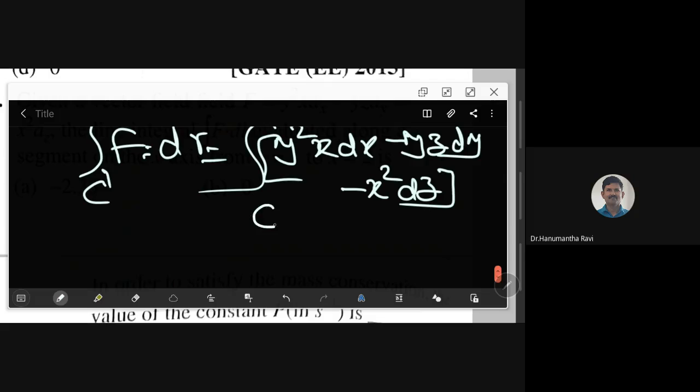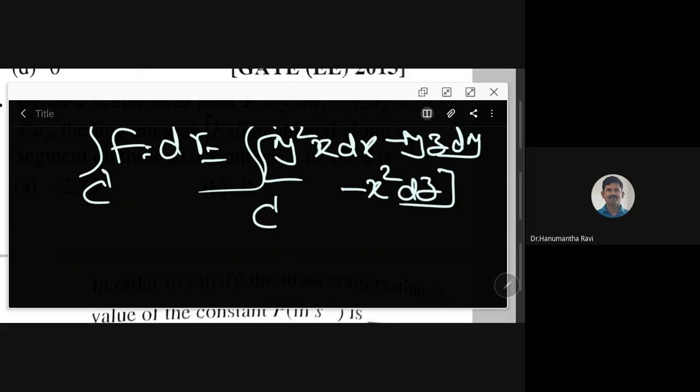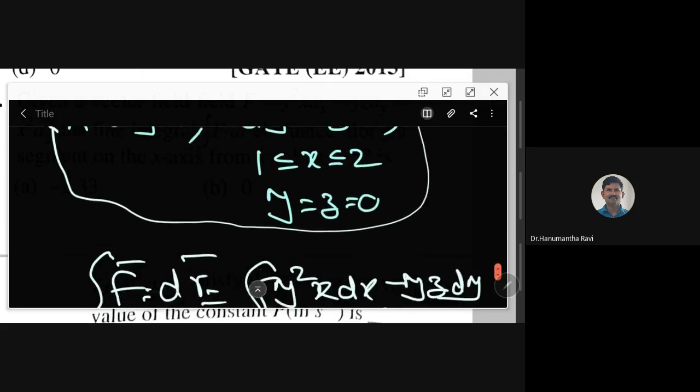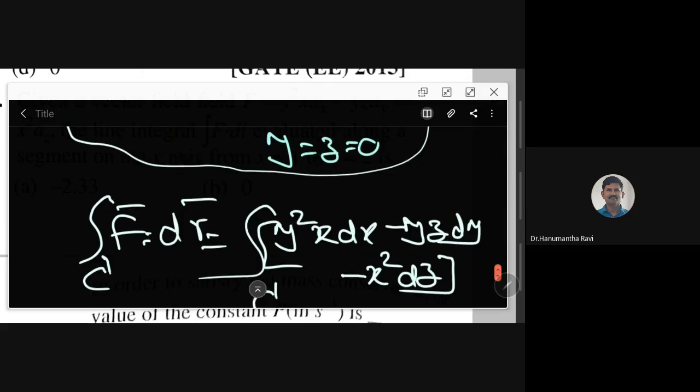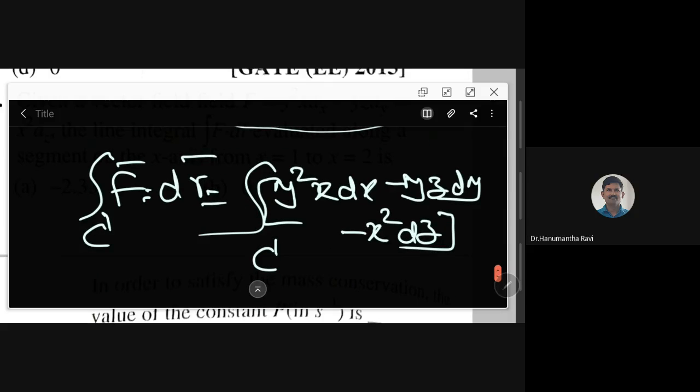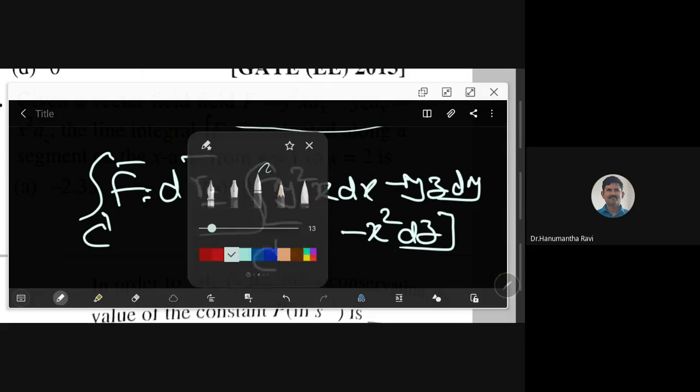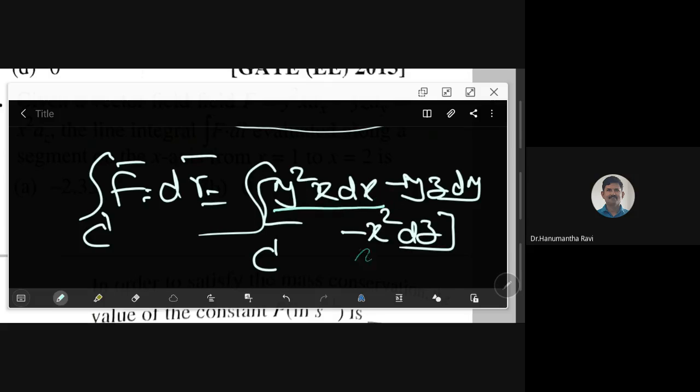When y is 0 and z is 0, this component becomes 0. And dy is 0, dz is 0. Because y is 0, this is also 0.